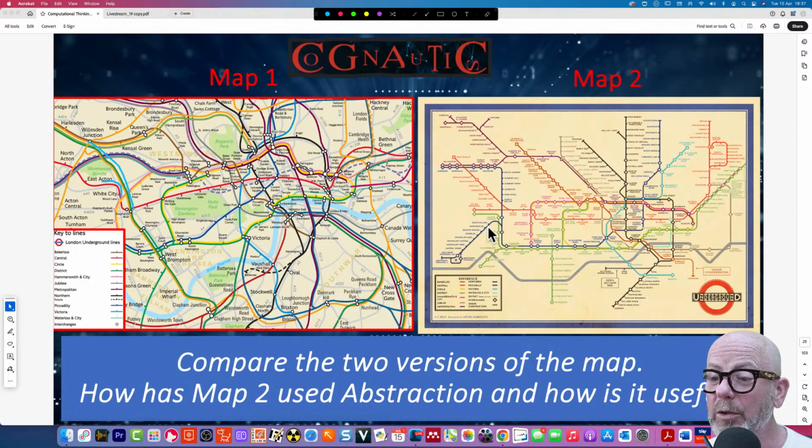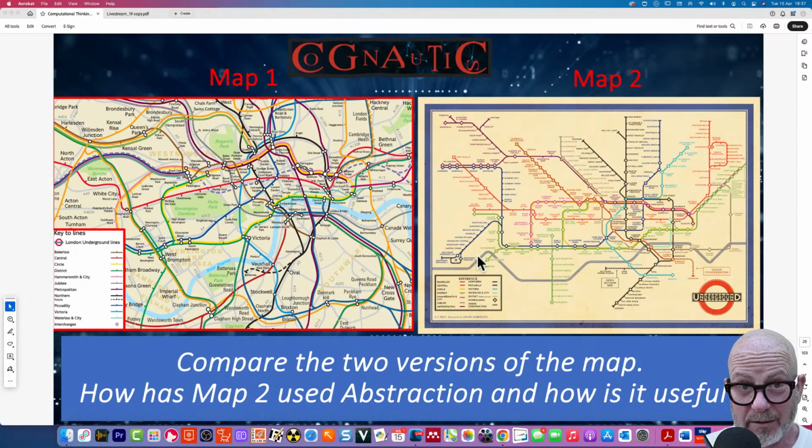But look at all of these distances here. They're all really, really small. And that's because it doesn't matter. If you're on a train, whether it takes 20 minutes or 5 minutes to get between stations, it doesn't matter. You just need to know which station is the next one and which is the terminus. That's all you have to worry about. So that's why this map was such a good example of abstraction.